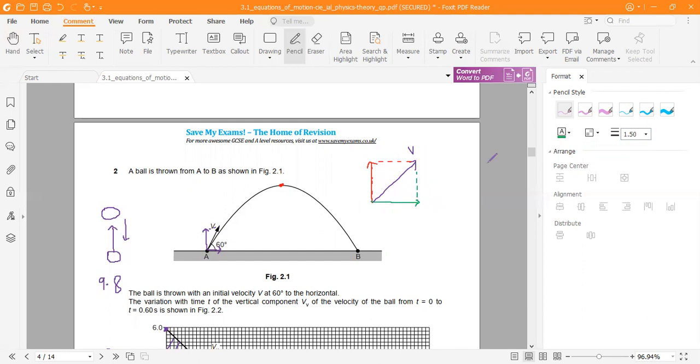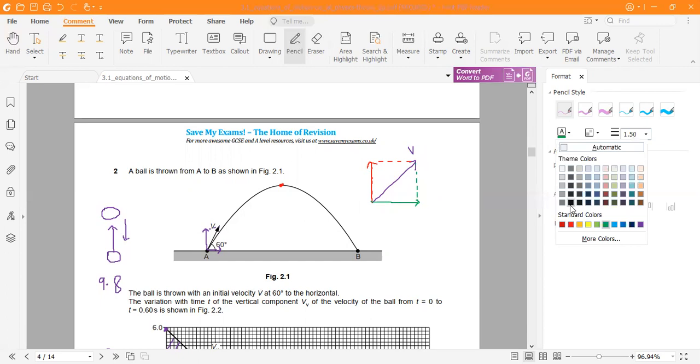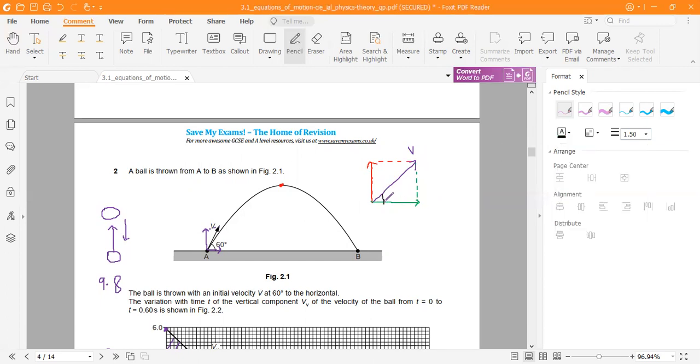And we also know one more thing, that this angle over here, theta, basically they have given it as 60 degrees.